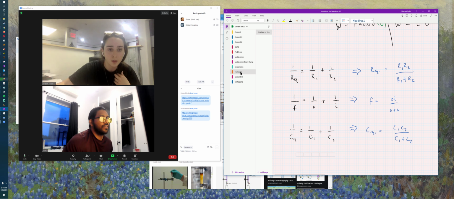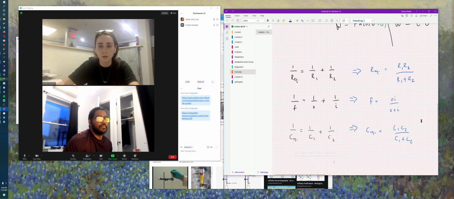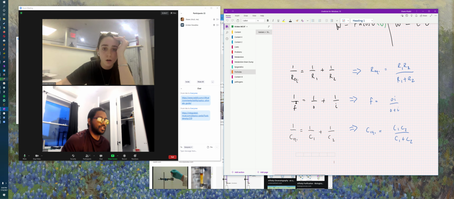I just wrote out any reciprocal sums. Oh yeah, I see it at the bottom, but when I was looking at this, I was just confused which is which, parallel or series.